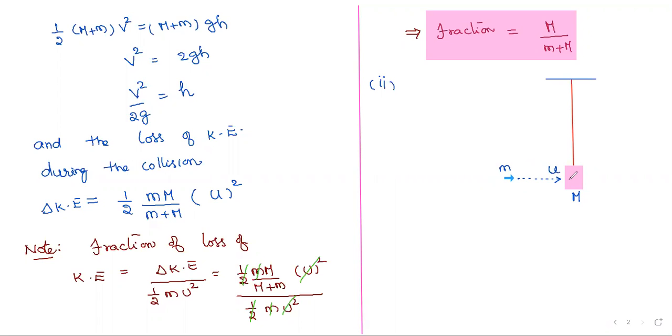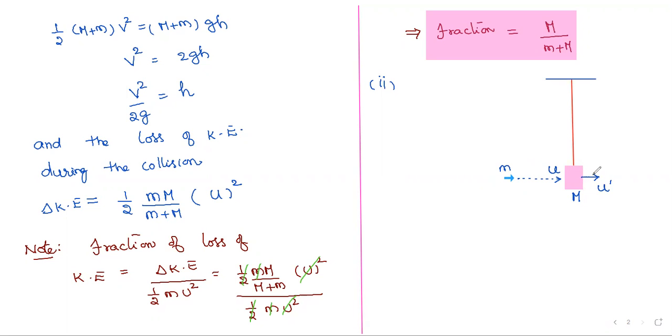The problem is, since the thickness is small, it won't stop inside. It penetrates and easily comes out with a certain velocity, suppose given as u dash.